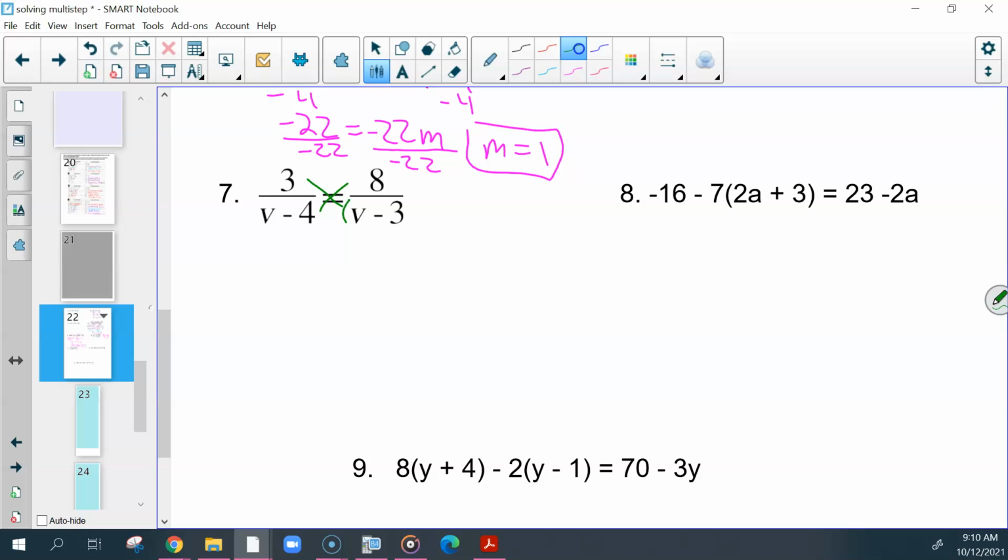So we're multiplying 3 to everything here and 8 to everything here. Again, you can switch the sides. You can have this entire thing on this side and vice versa. That part does not matter. From there, the process is the same. Distribute.